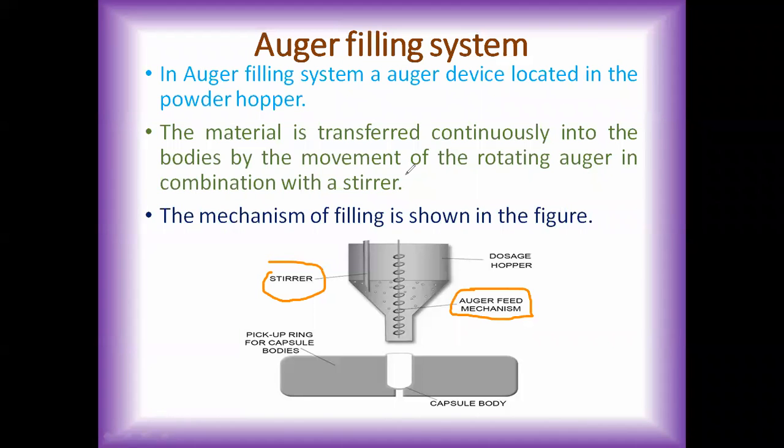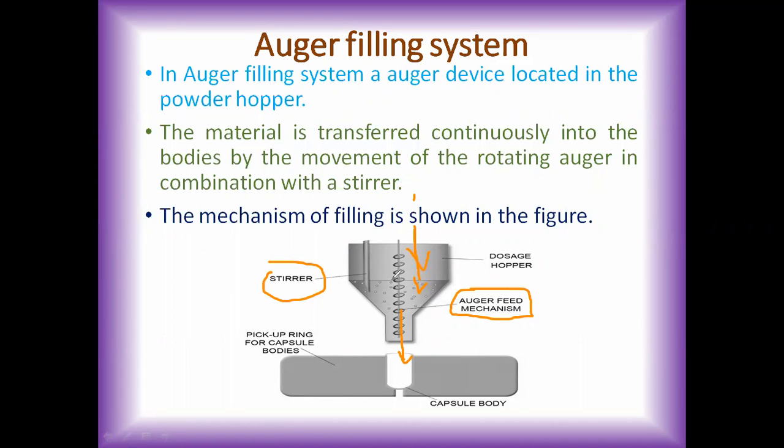Now what happens? The material which you want to fill into the capsule body will be put into this hopper. You can see this material shown here with the help of small circular dots. So it is filled over here. The material will be continuously transferred into the capsule body by the movement of the rotating auger.